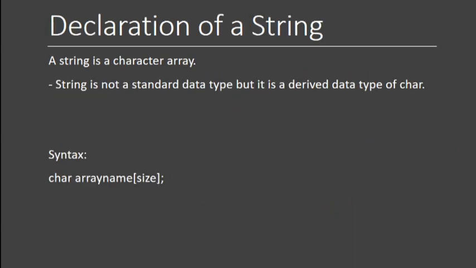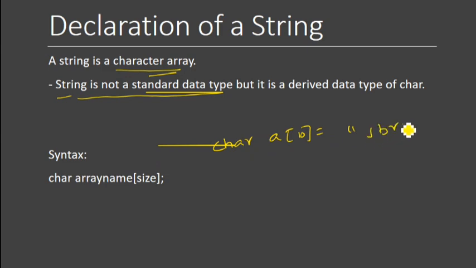Declaration of a string. A string is a character array. String is not a standard data type; there is no predefined standard data type for the string. A string is just a group of characters, or a character array. Just now I wrote char A[10] = "JBREC", a group of characters which must be enclosed in double quotation.